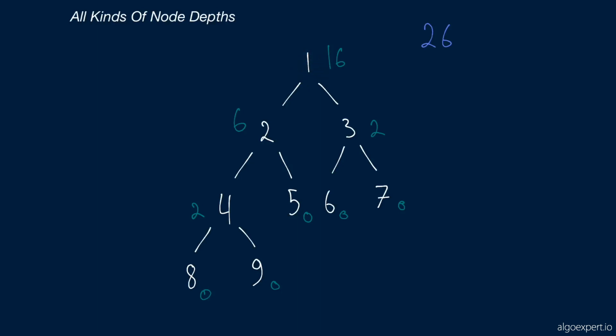For this question, not only do we want this value, the value from the easier question, but we also want the equivalent value for all of the subtrees in the input binary tree. And we have to return the sum of all of these values. So as you can imagine, there are a lot of node depths to calculate, hence the name all kinds of node depths.